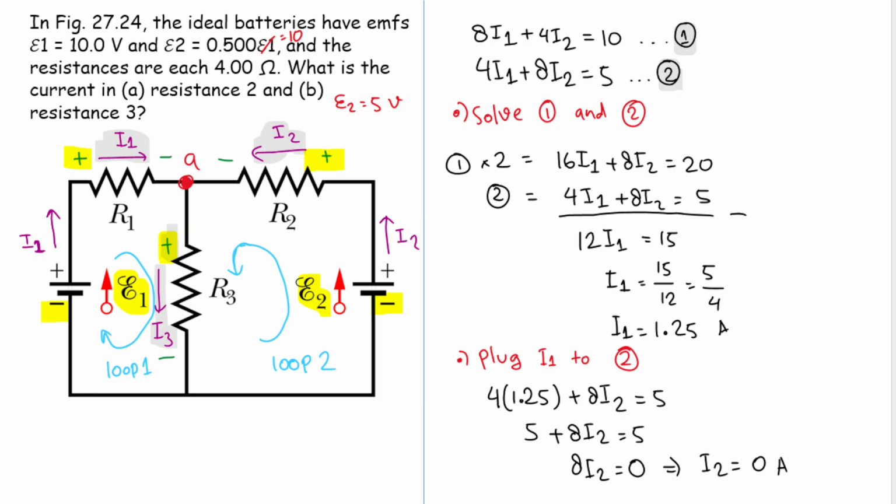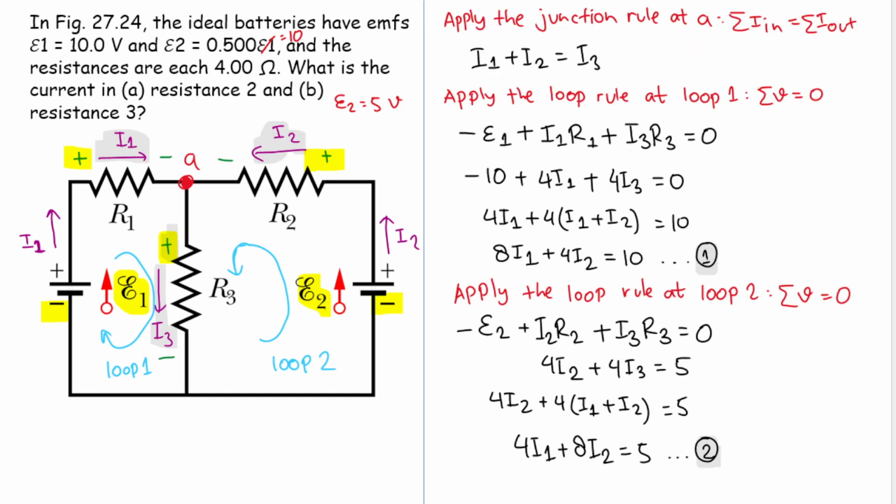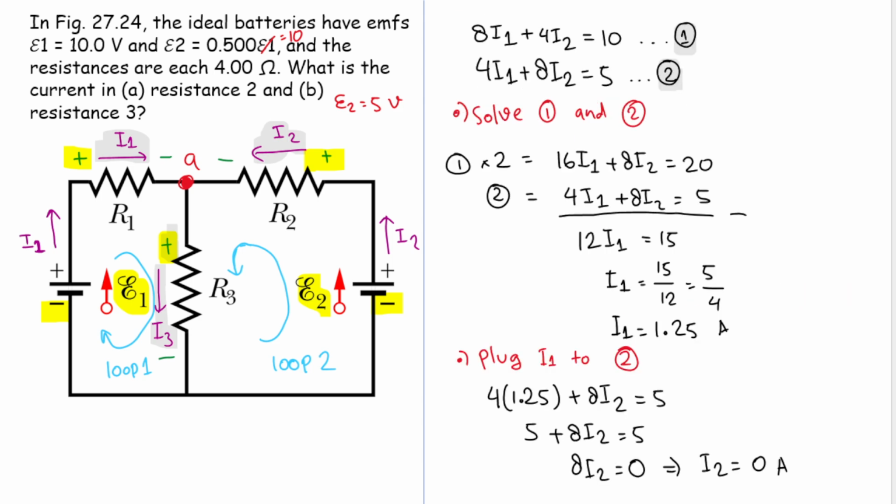But then remember that we have also I3, right? I1 plus I2 is equal to I3. We will have I1 plus I2 here as I3. Okay, let's make it here because I ran out of space.